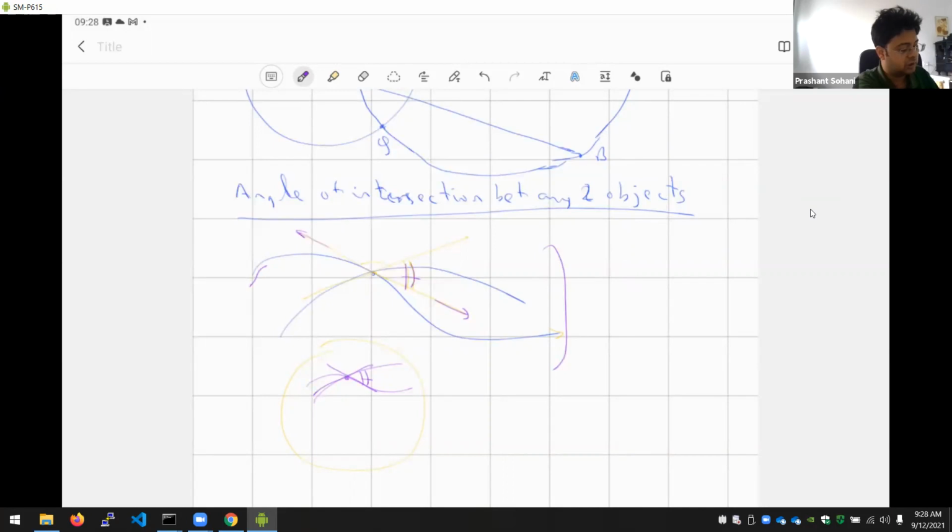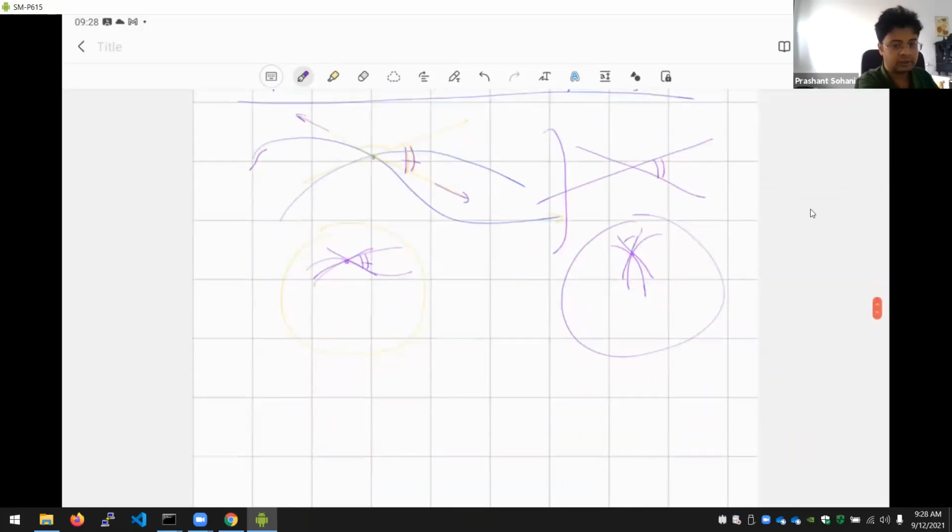For example, the angle of intersection between two lines is just the typical angle we are talking about. If these two lines get inverted into two circles, then what is the angle between those two circles? There are several cases we have to consider here. If the original objects are a line and a line, in one case the two lines pass through the center of inversion, and they may become two lines themselves. Or maybe one of them passes through the center and one doesn't, then it will be a line and a circle.